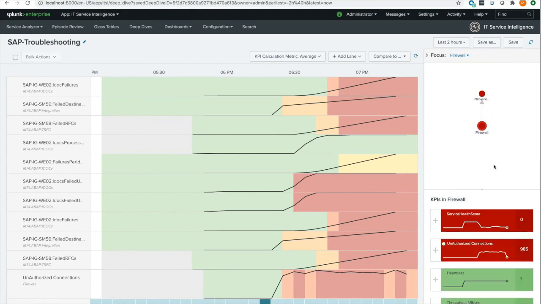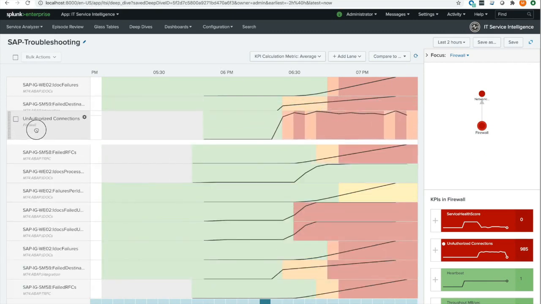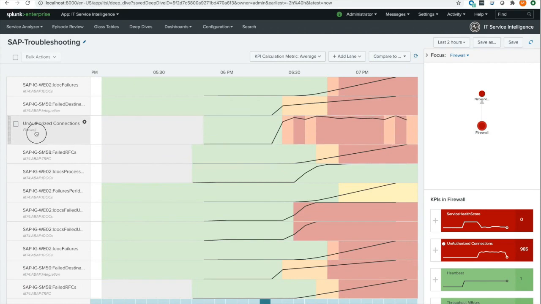Under networking, we see that the firewall is having problems, and we see unauthorized connections being abnormally high. Now, I already brought in my unauthorized connections, and I see in there that they really preceded the failed destinations. So it looks like there's a firewall that may potentially cause this issue.